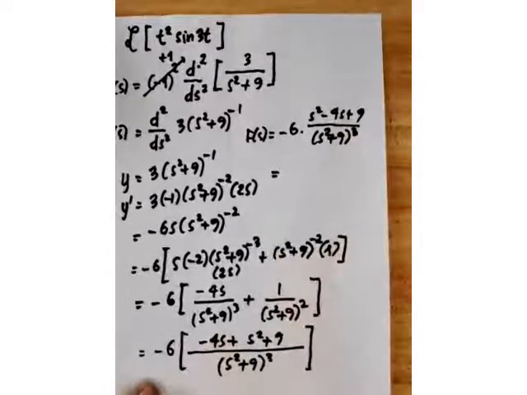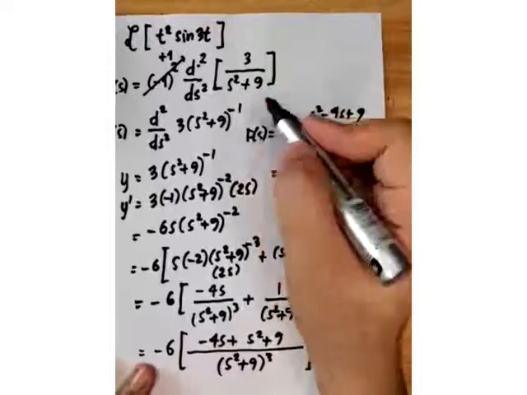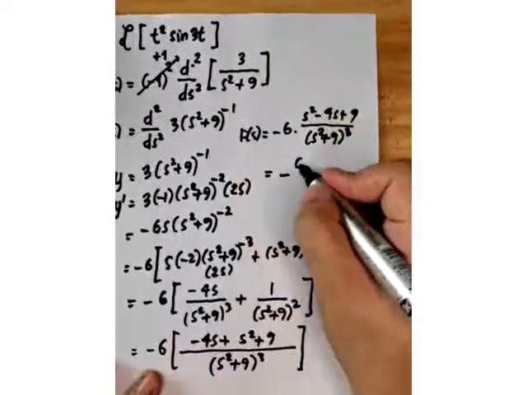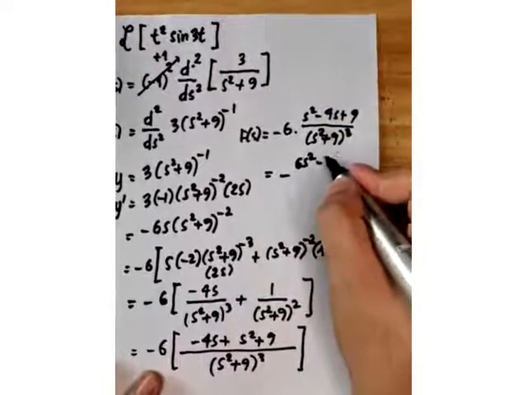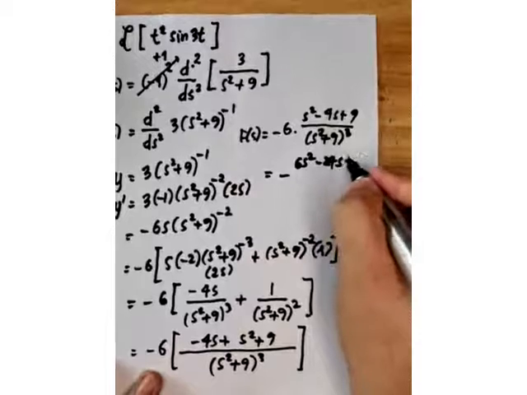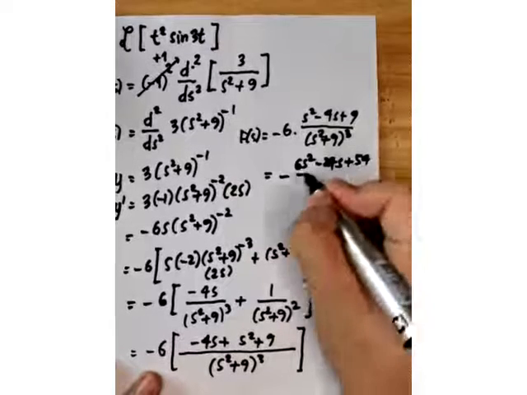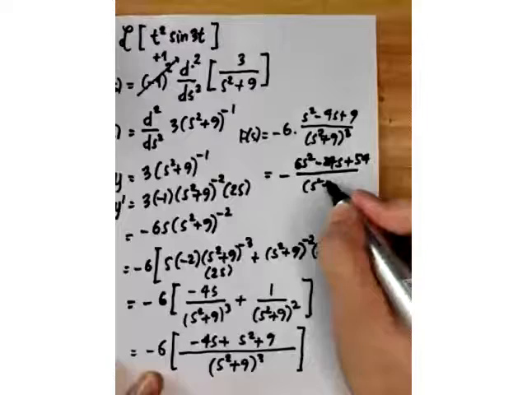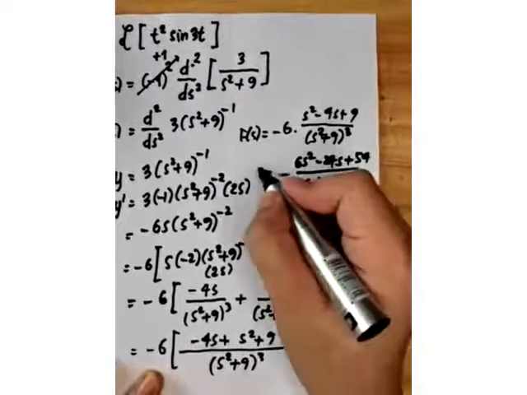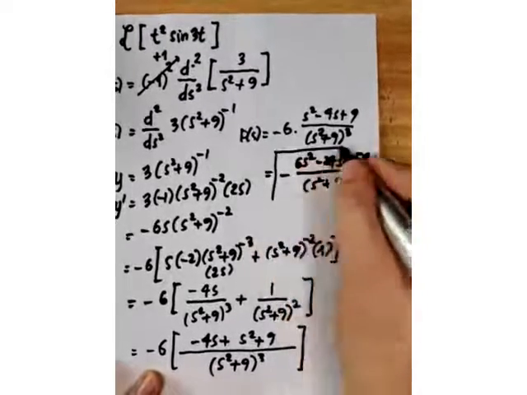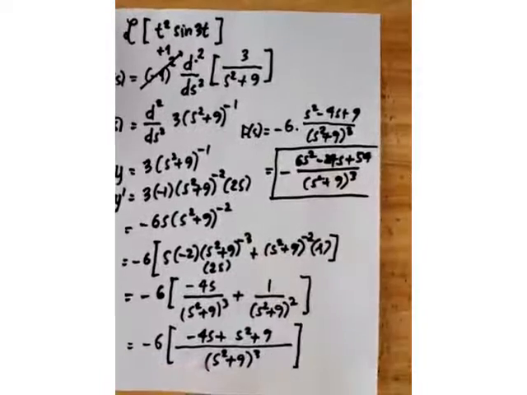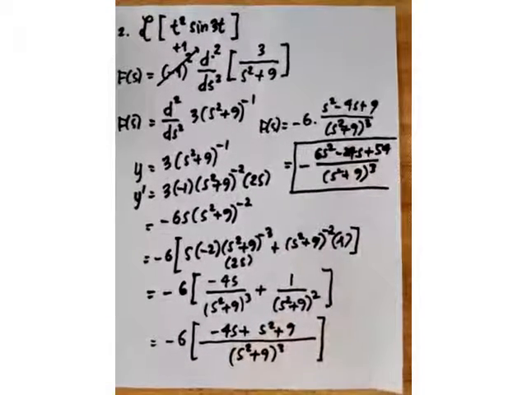Or, okay, siguro ganyan na lang, no? Or negative 6s squared minus 24s plus 54 over s squared plus 9 raised to 3. This is our final answer. Na-imagine nyo ba kung 3 yan or 4? Fourth derivative? Third derivative?